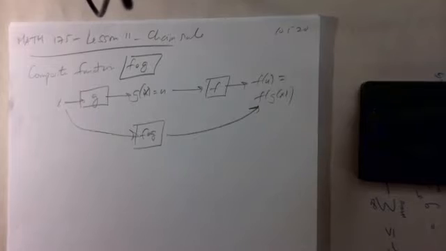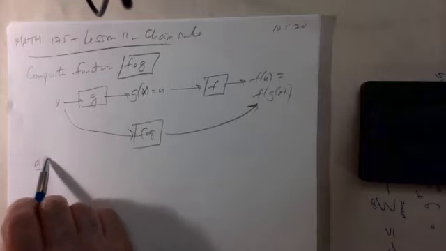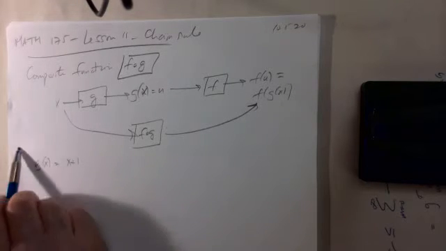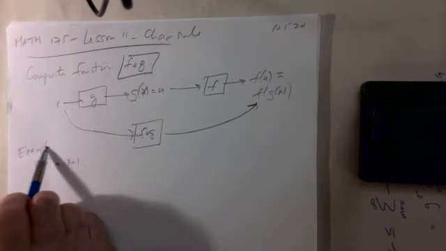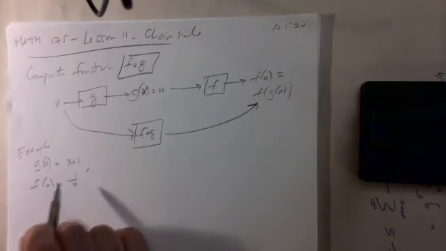So you have two functions, f and g. You do one and then you do the other. So what are some simple examples? Suppose we have the function g of x equals x plus 1. And f of u is 1 over u.